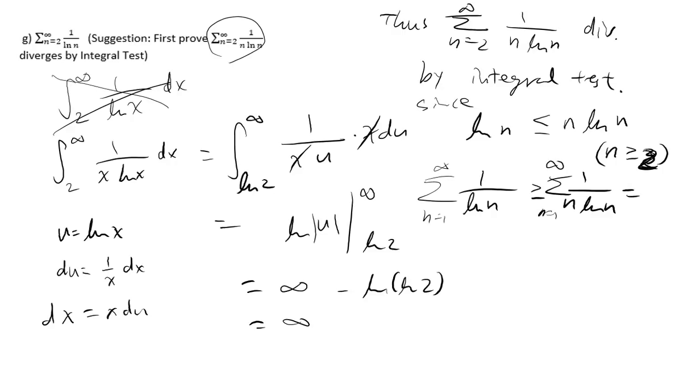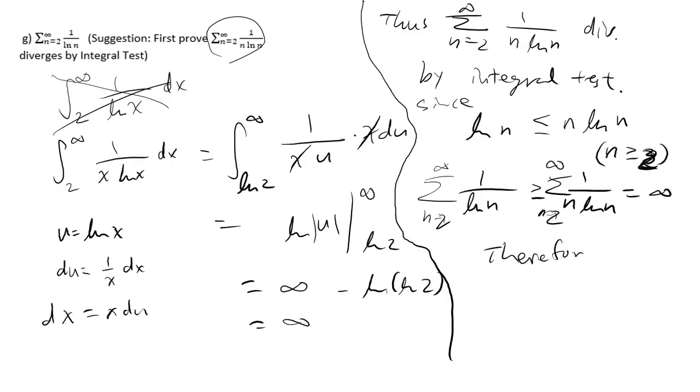But what does this mean? This is infinity, and this is bigger than infinity, so this must be infinity too. Okay. So therefore, the sum from n equals 2 to infinity of 1 over log of n diverges by direct comparison test.